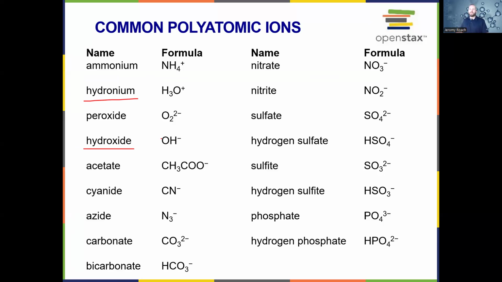So those are good to know. Carbonate, CO3 2-, is another one that's good to know. And again, if you can, try to memorize all these if you have the time to go through them and know what they are. We'll talk a little bit more about prefixes and suffixes in another part of the lesson as well.